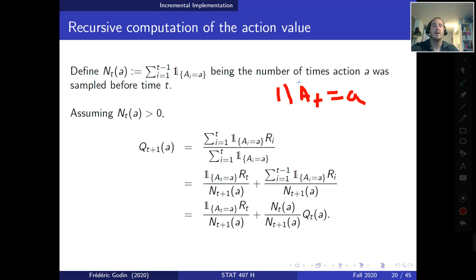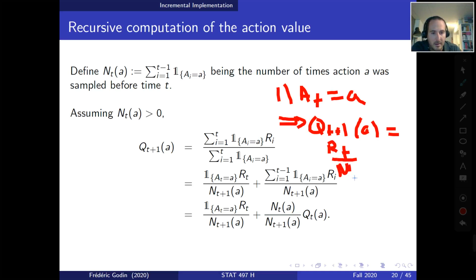So if at play t the action a is selected, then this entails that Q_{t+1}(a) is equal to, here this first term, it will become simply R_t divided by N_{t+1}, plus N_t Q_t over N_{t+1}.